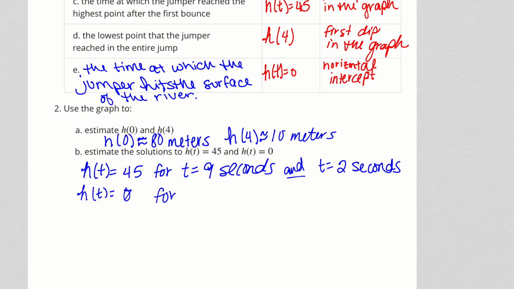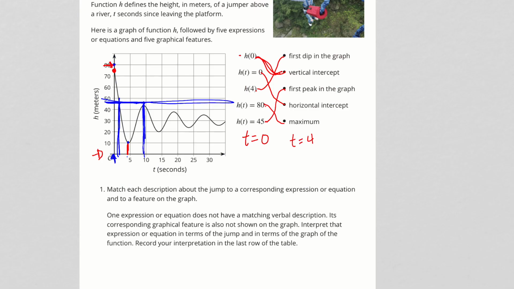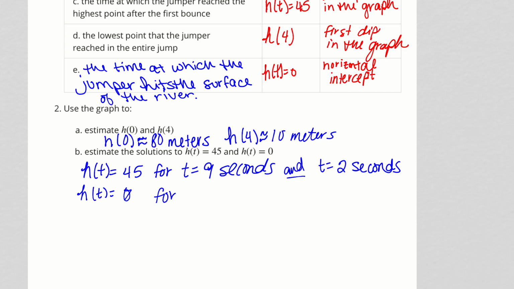Okay? Then we're going to look for h of t equals 0. And if I look over here, my line, I'm going to change this color. Let's do a lime green. My graph does not hit h of t equals 0. So we do not ever get to the height during that time frame.